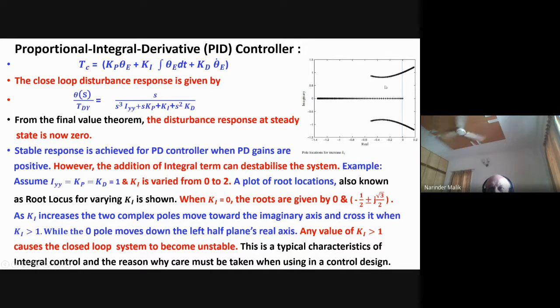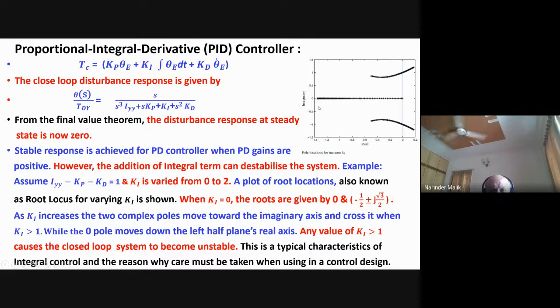Now it shows the plot of the roots of the characteristic equation. This is the x-axis, this is the y-axis. The roots on the right-hand side of 0 will result in an unstable condition. On the left side, the system will be stable.